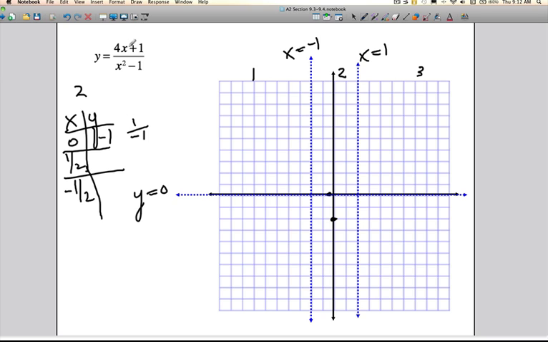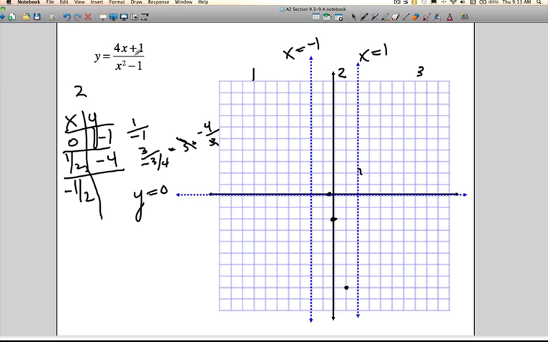And when I plug in 1/2, 4 times 1/2 is 2, 2 plus 1 is 3, and 1/2 squared is 1/4, 1/4 minus 1 is negative 3/4. If I then invert and multiply, that's going to be negative 4. So at 1/2, I'd be at negative, let's see, 1, 2, 3, 4, all the way down here.